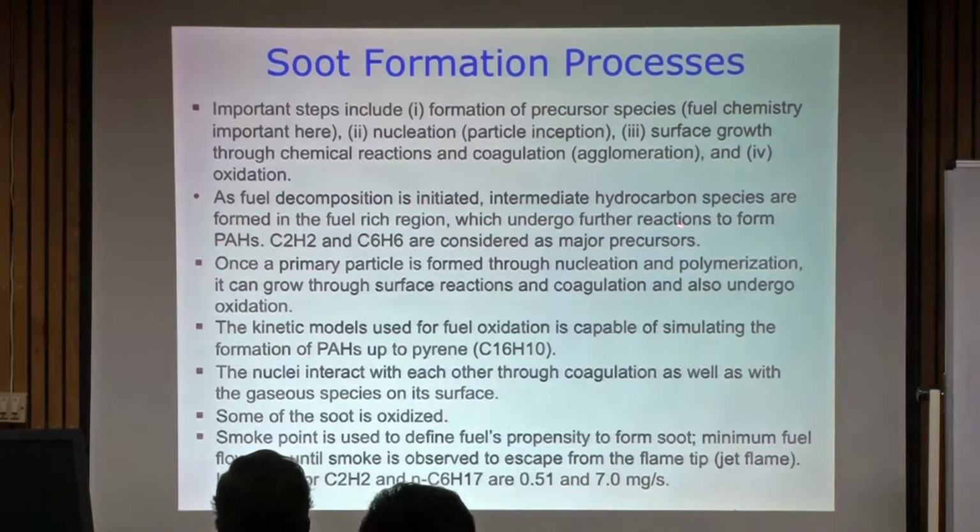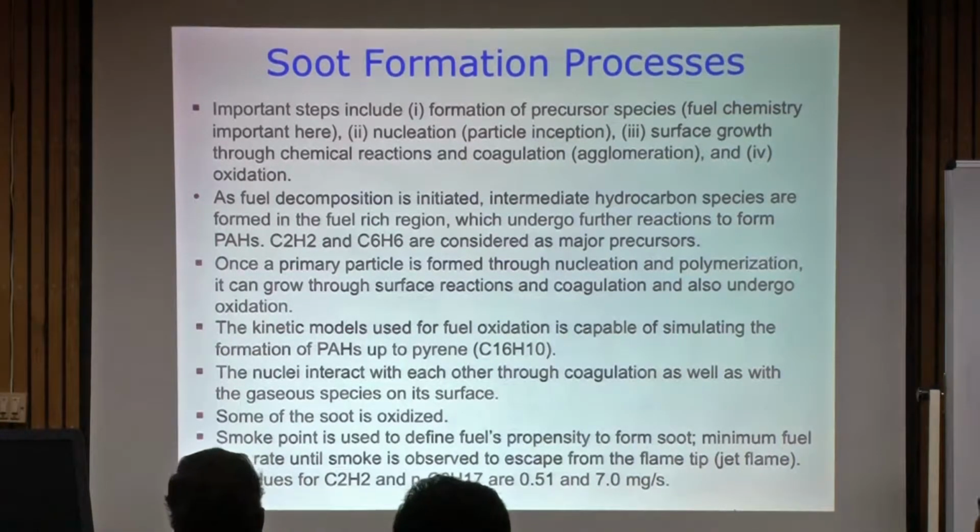That's the state of the art. Then through nucleation and polymerization, it forms primary particles, and the surface grows through surface reactions with coagulation, and also oxidation.